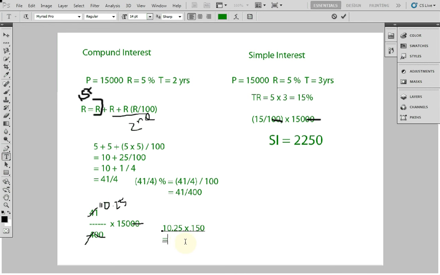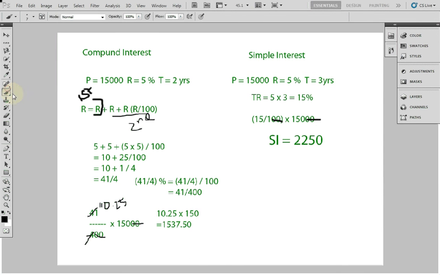So by solving this we will get 153,750. So it's a decimal. Yeah, this is the compound interest here.